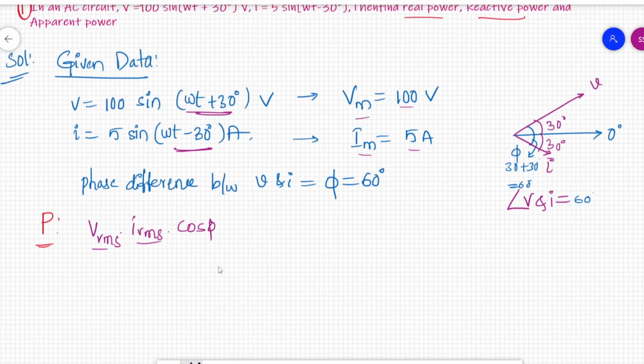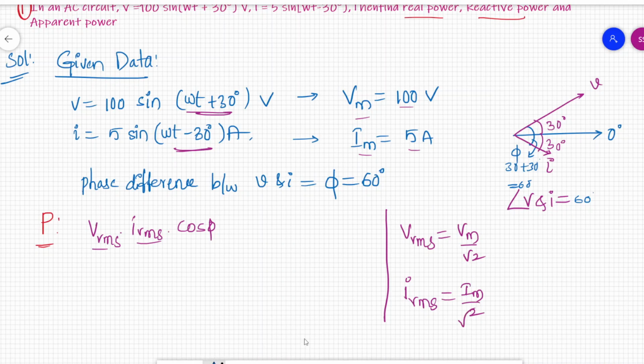How can you find Vrms and Irms? Vrms equals Vm by root 2. Similarly, Irms equals Im by root 2. By substituting these values, Vm is 100, so 100 by root 2 is 70.7 volts, and Im is 5, so 5 by root 2 is around 3.535 amperes.